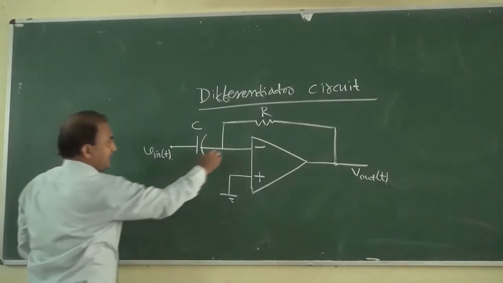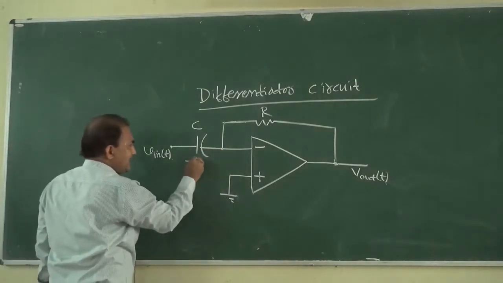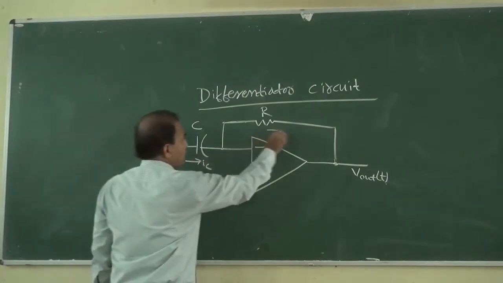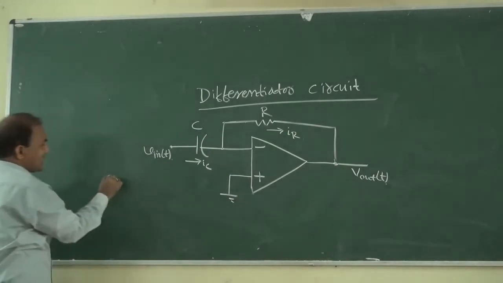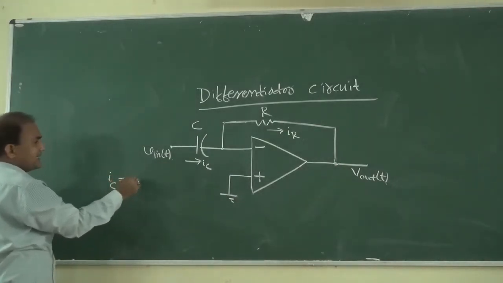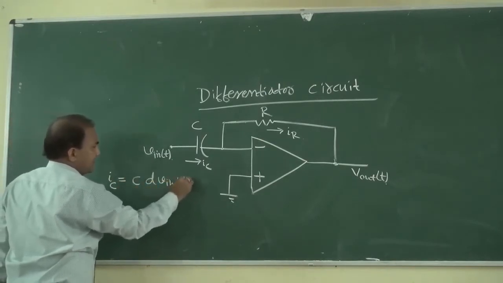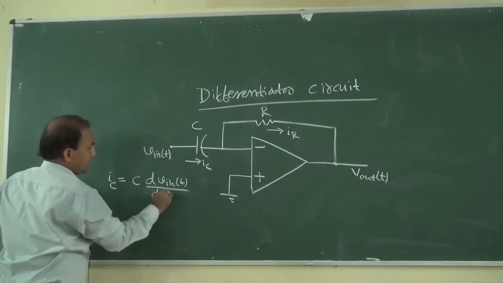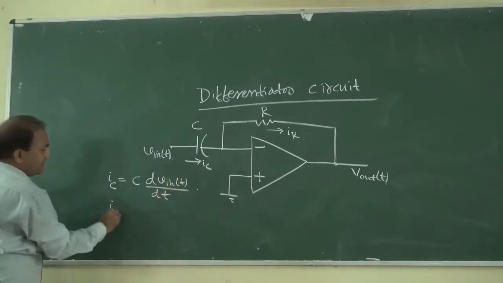Again by using the virtual ground concept we can see that IC is equal to IR. How can we get IC? IC is equal to C dV in T divided by dt. And how can we express IR?